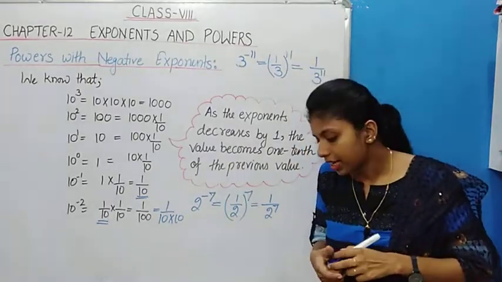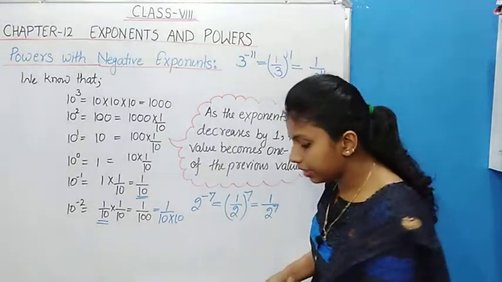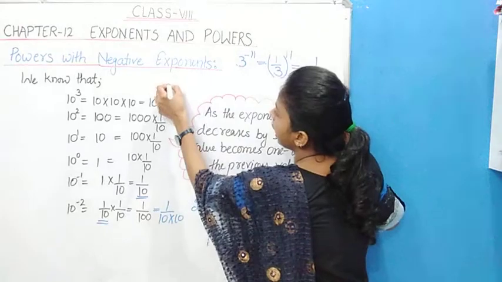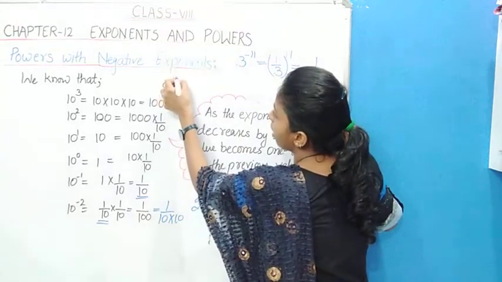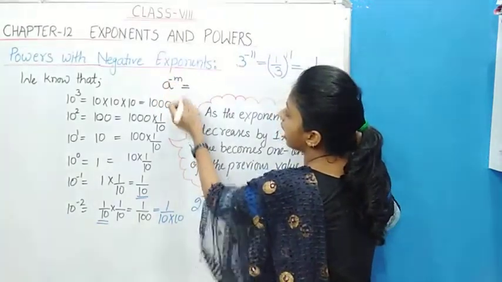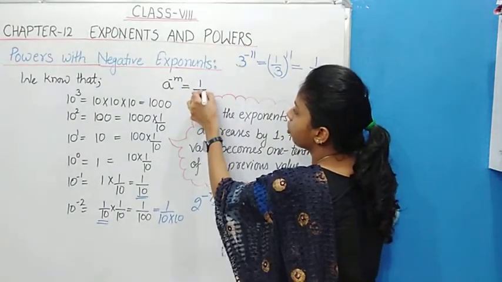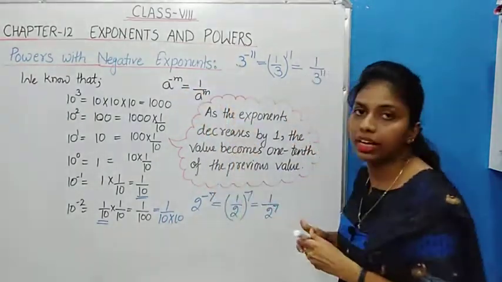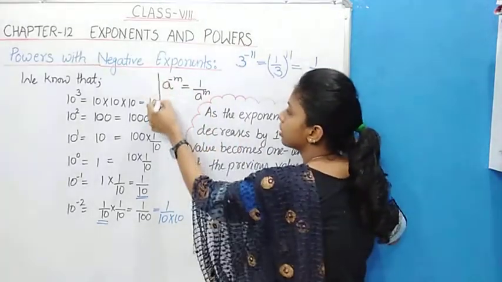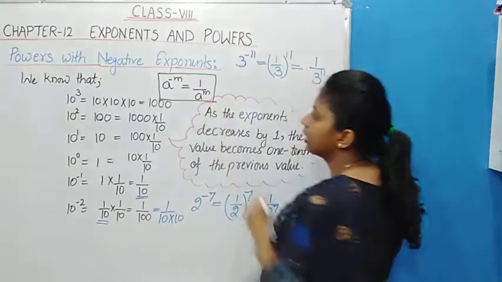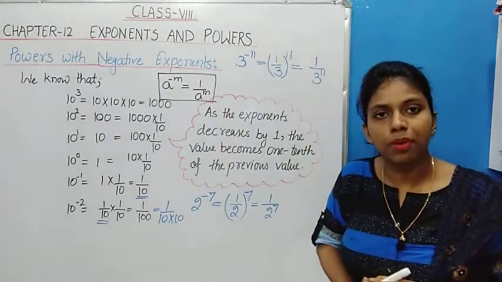In general we can say that a raised to power minus m can be written as 1 by a to the power m. With the help of this notation we can convert any negative exponent into a positive exponent.